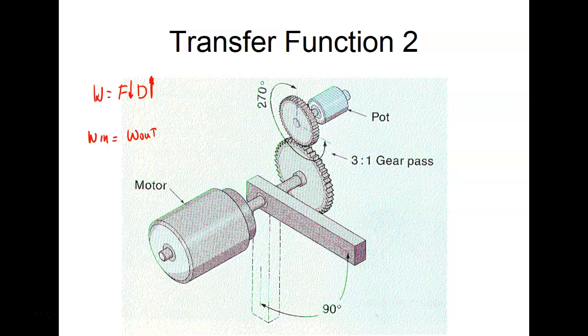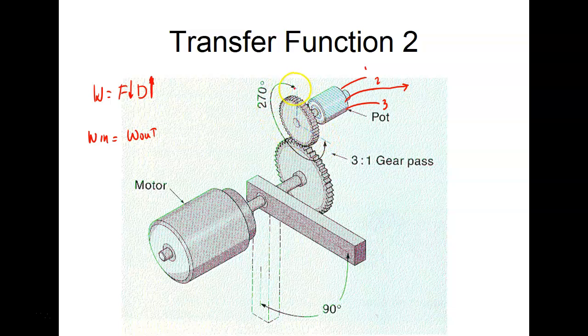So what I would have to do is figure out what I need to do. I'm taking my measurement right here. So this is where we're going to take our measurement.